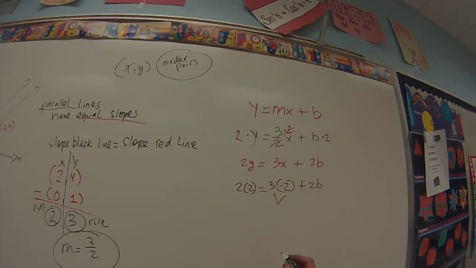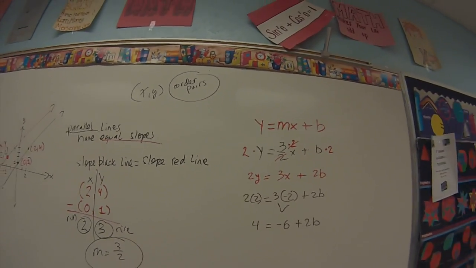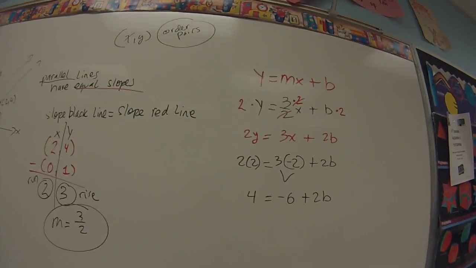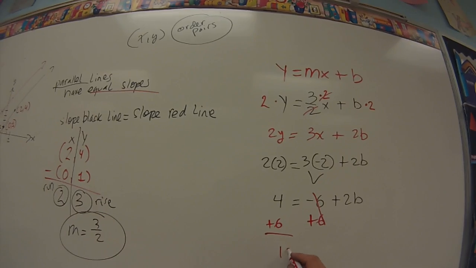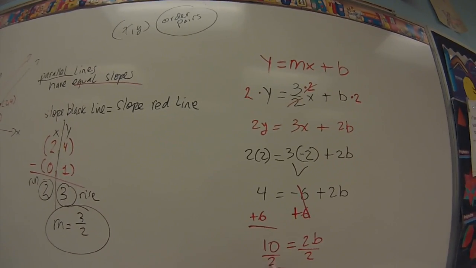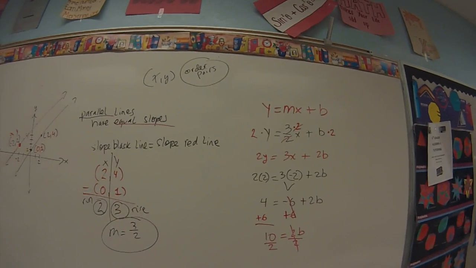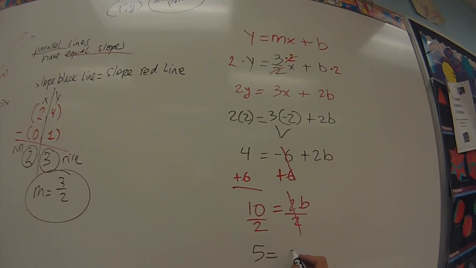3 times -2, that's -6, plus 2b equals 2 times 2, which is 4. Add 6 to both sides. The middle school equation, 4 plus 6 is 10, equals 2b. Divide by 2 on both sides, which is the coefficient of little b. 10 divided by 2 is 5.